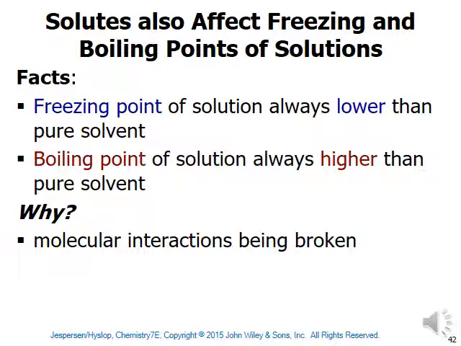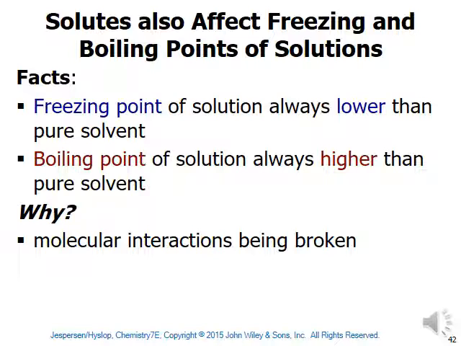Okay, now the next thing is that we saw that you could change the vapor pressure by adding things to a solvent. Now we're going to see what would happen to the freezing point and boiling point if we add solutes to a solvent.